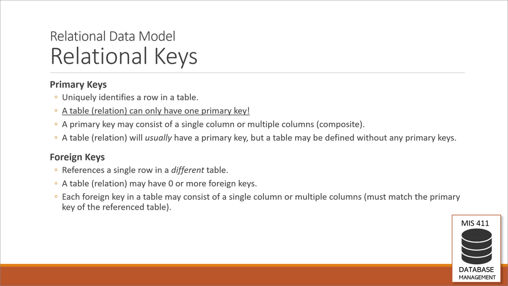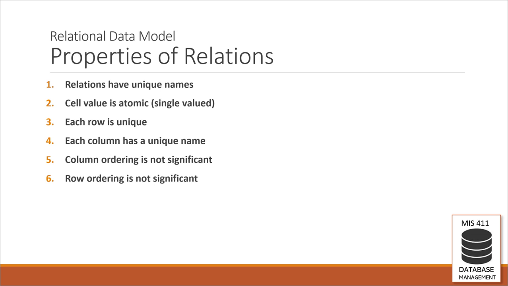If it's a primary key in the other table that it's referencing, it needs to match, right? So if you have a composite primary key in one table that has 2 columns in it, and you have a foreign key reference in another table to that composite primary key, then the foreign key also needs to be composed of multiple columns.